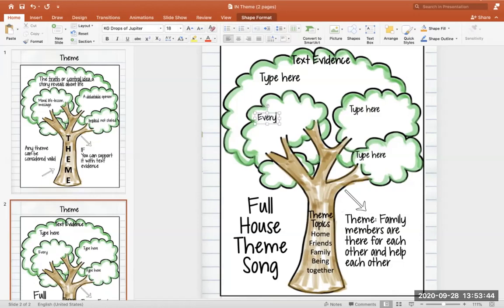So we're going to type in, everywhere you look, there's a heart. Another thing they said after everywhere you look was, there's a face of somebody who needs you, and I'm going to put that up here as another piece of text evidence.